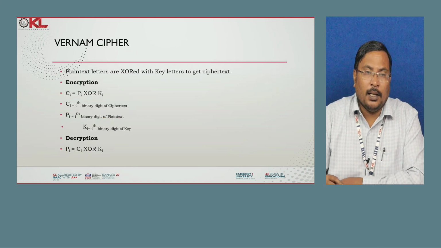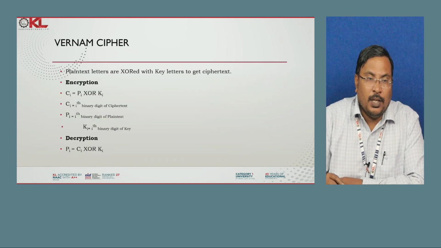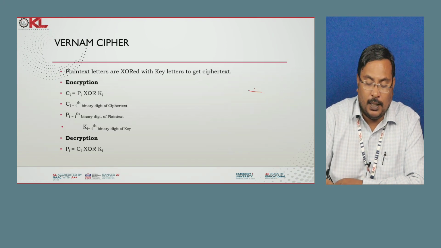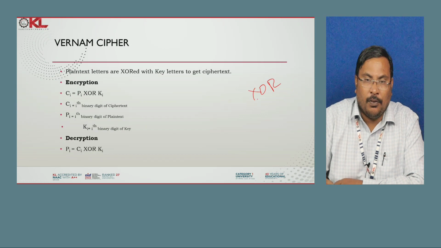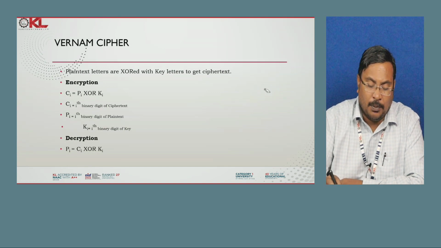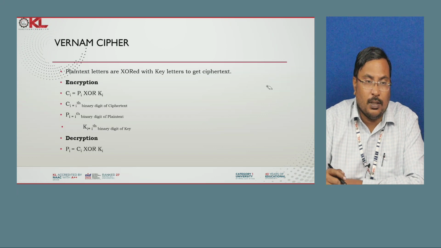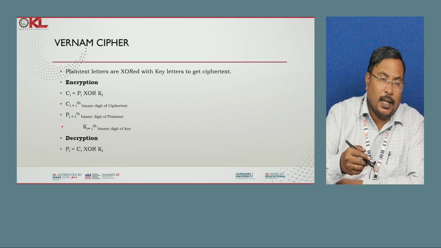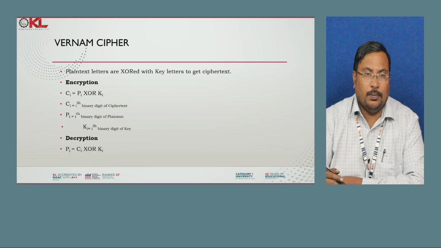For the Vernam cipher, we perform the same operation, that is the XNOR operation. If you perform the XNOR 2 times, you will get the same message. That is why the same algorithm is used for encryption and decryption, but you get different output.